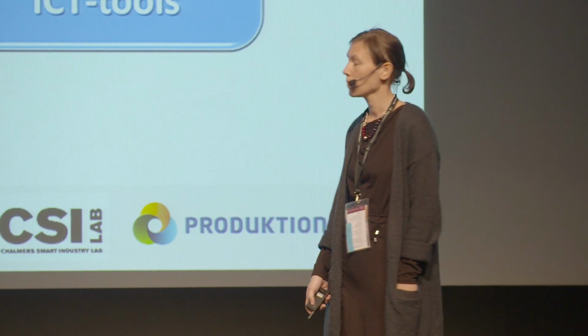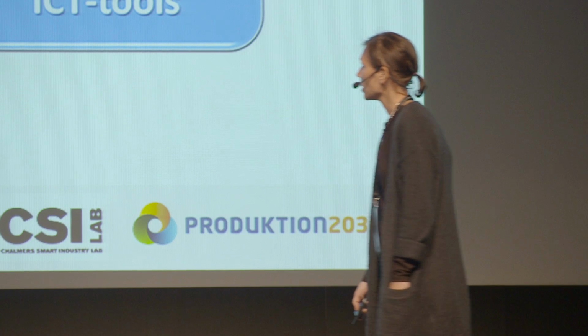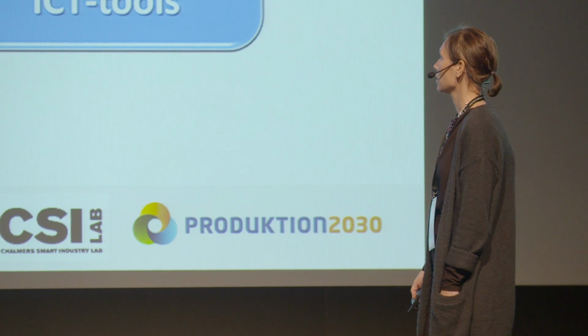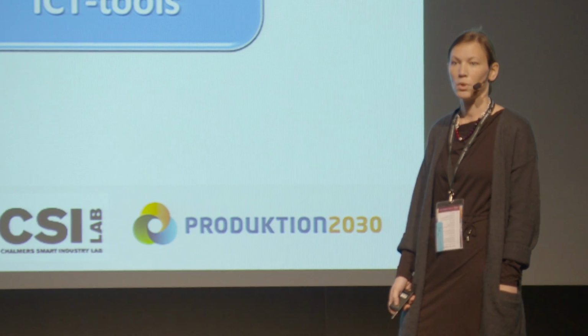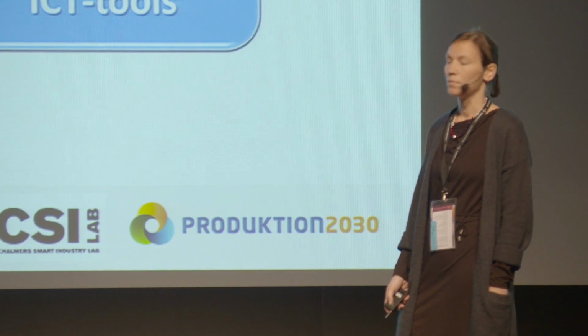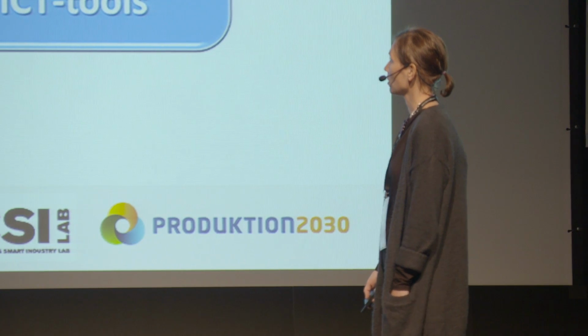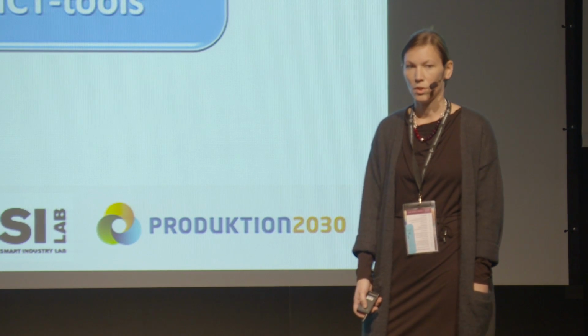And we have, in this lab, 4 different research areas or interests that we are doing research within. So cognitive automation, as I said, you can explain it as information support for the operators, to ease the cognitive processes for the operators.